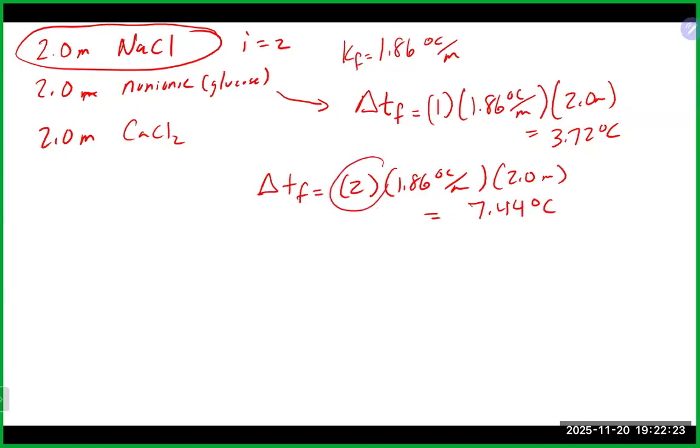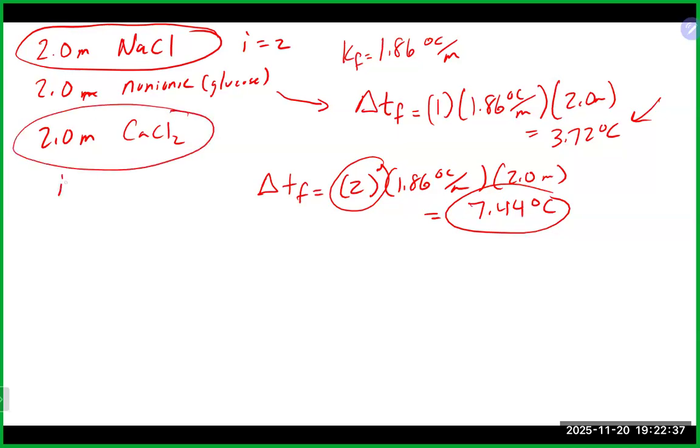Because there are more particles in the solution, we see clearly a much larger freezing point depression than what we had previously. And we'll see an even larger one in this case, as i will equal 3.